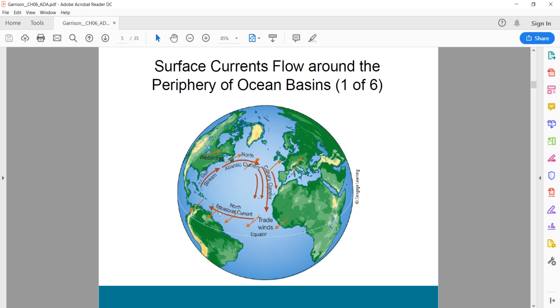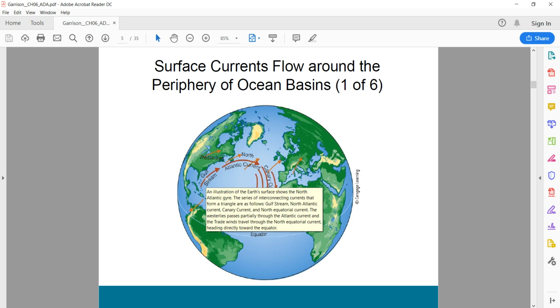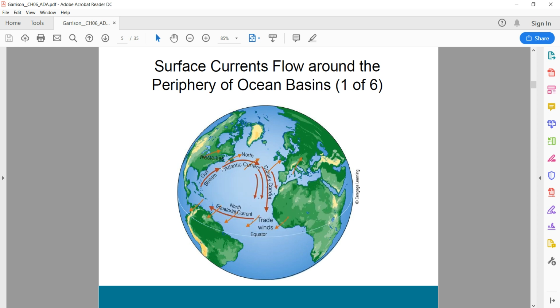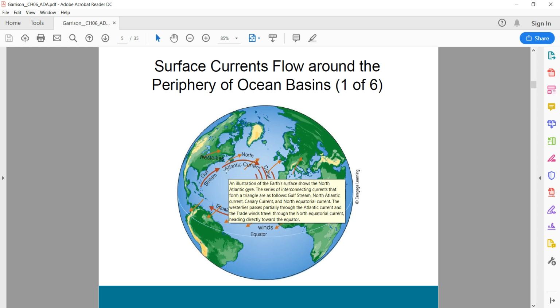So this wind, as it is driving this North Equatorial current, this current will come across some of these continental boundaries, and so it will turn around here, and then it will continue to go northwards, and that is where you will see its direction start to change because of the Coriolis effect.